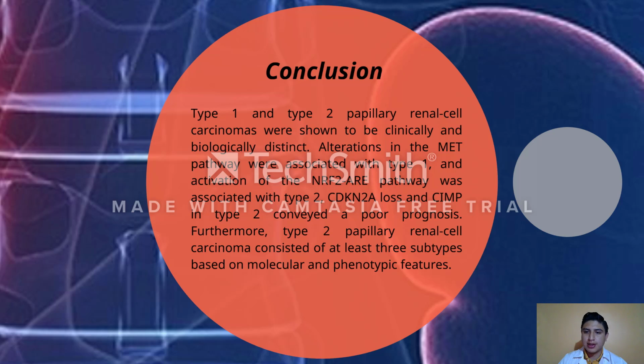CDKN2A loss and CIMP in type 2 conveyed a poor prognosis. Furthermore, type 2 papillary renal cell carcinoma consisted of at least 3 subtypes based on molecular and phenotypic features.